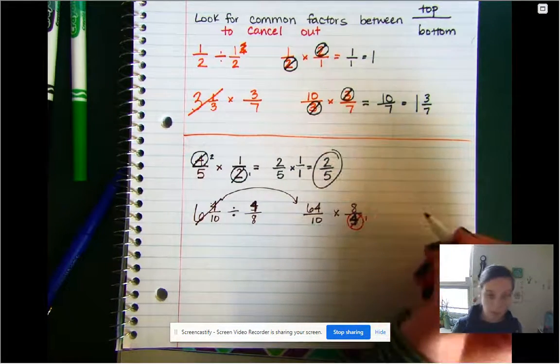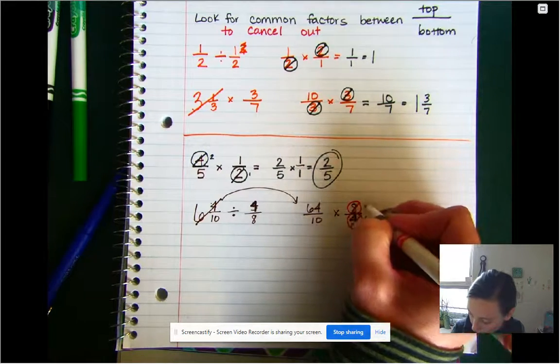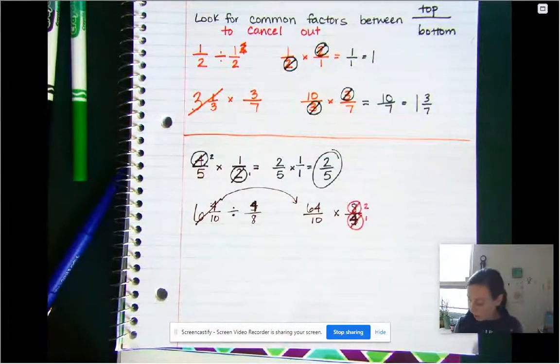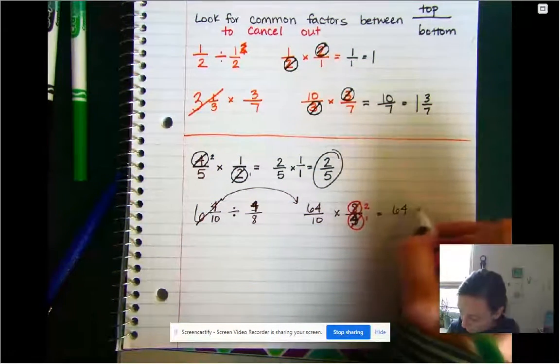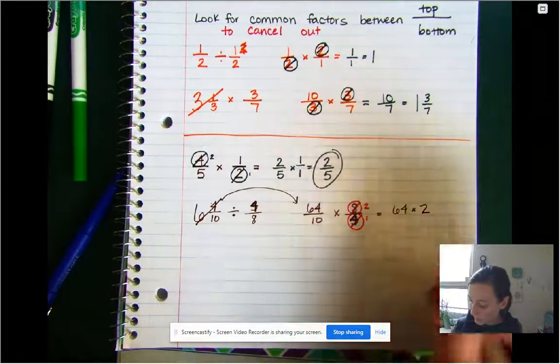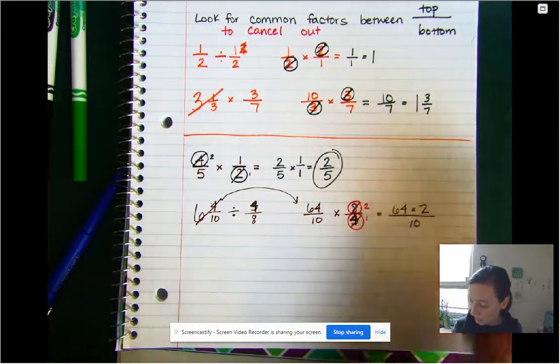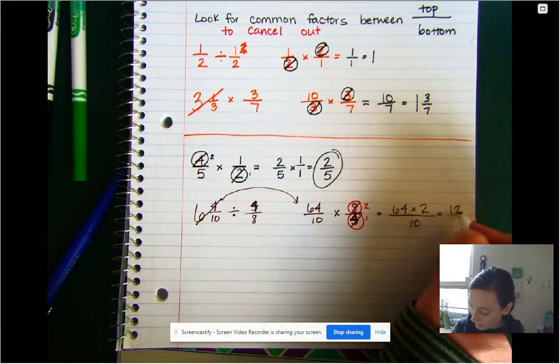And 4 divided by 4 is 1. 8 divided by 4 is 2. So now, instead of having to do 64 times 8, I just have to do 64 times 2. And my bottom, 10 times 1, is just going to be over 10. So then when I do 64 times 2, I get 128/10.